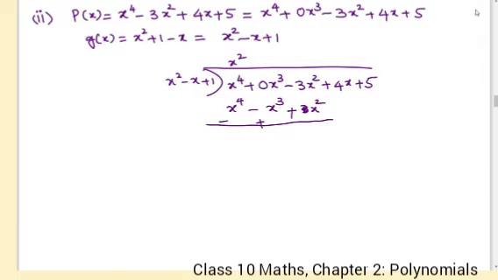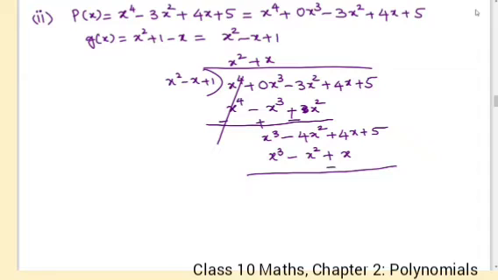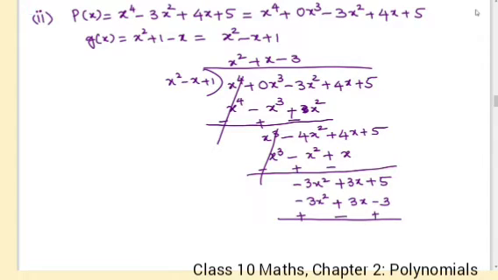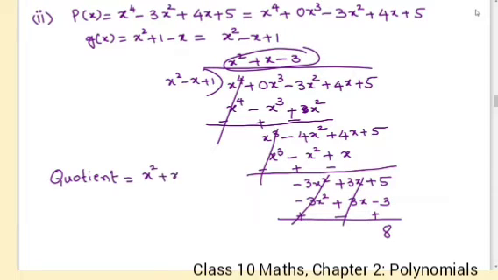X square into x square, it becomes x raised to 4, and sign changes here and it cancels. In the first case, x to the power 4 is cancelled. In second term, x to the power 3 is cancelled. In next term, minus 3x square plus 3x is cancelled and remainder is 8. Here quotient is x square plus x minus 3 and remainder is 8.